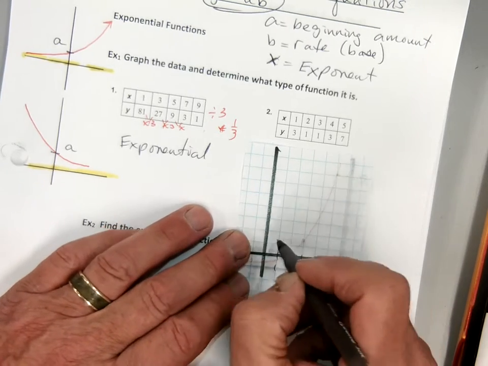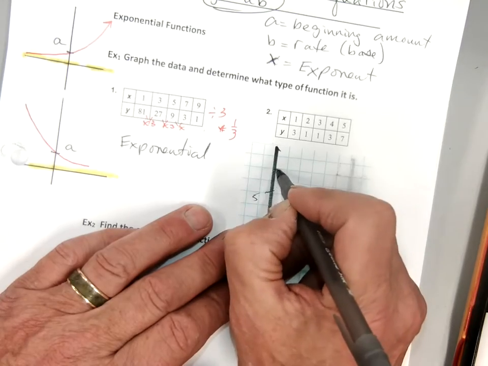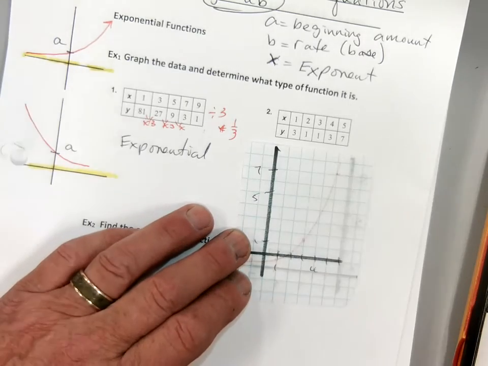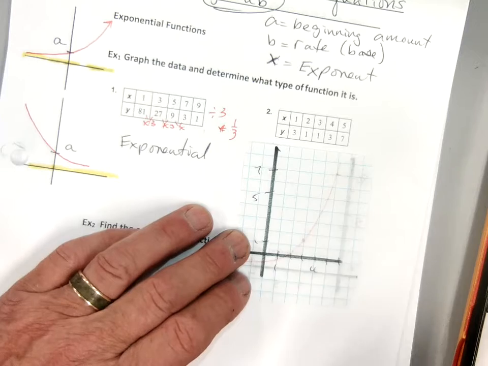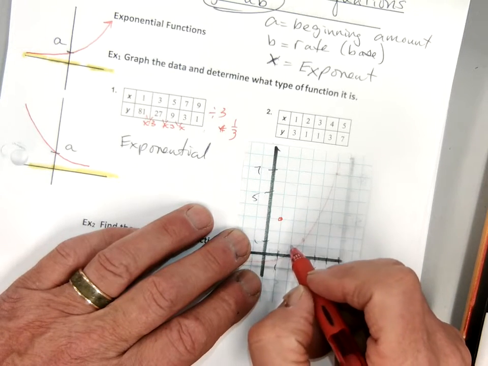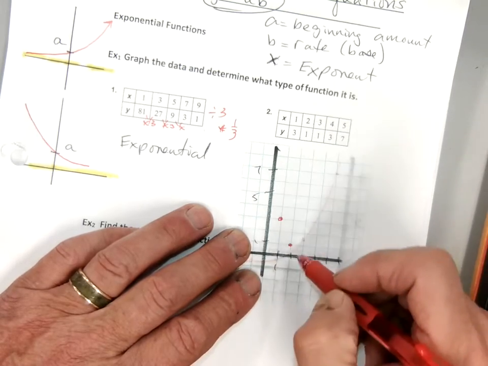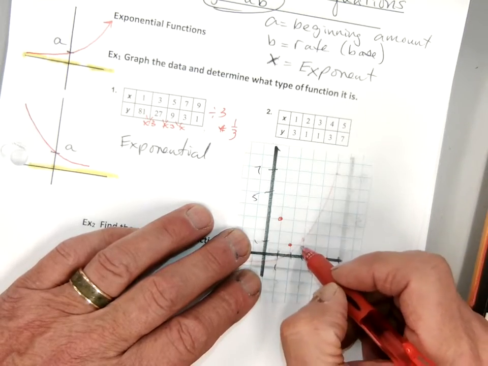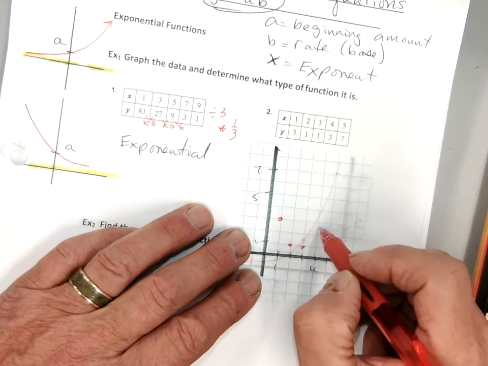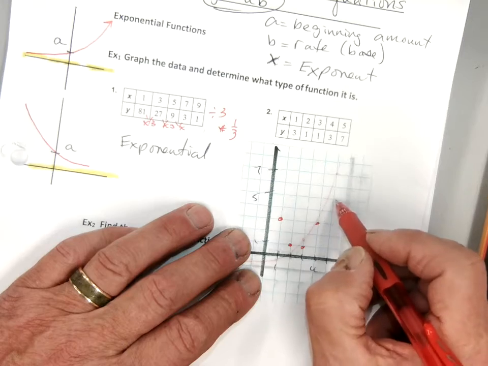And then 1, 2, 3, 4, 5, 6, 7. Just graphing these points: 1, 3; 2, 1; 3, 1; 4, 3; and 5, 7.